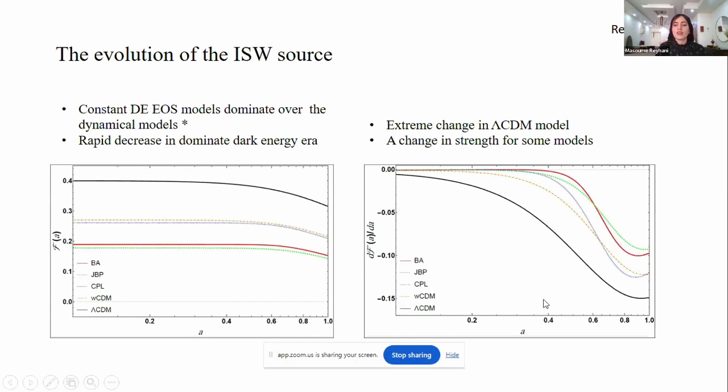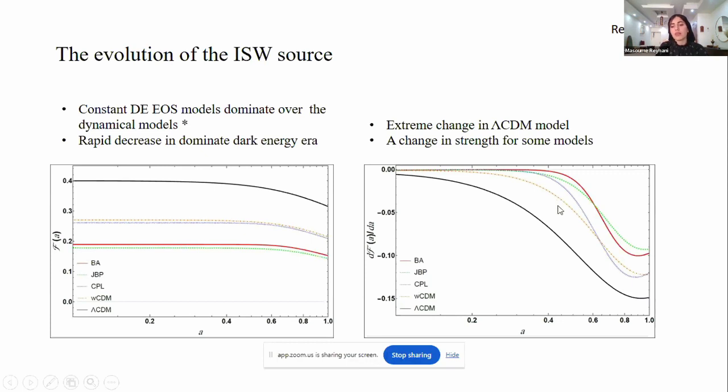And the right panel illustrates the derivative of the evolution of the ISW source. It shows that for the Lambda CDM model there is the most extreme change.